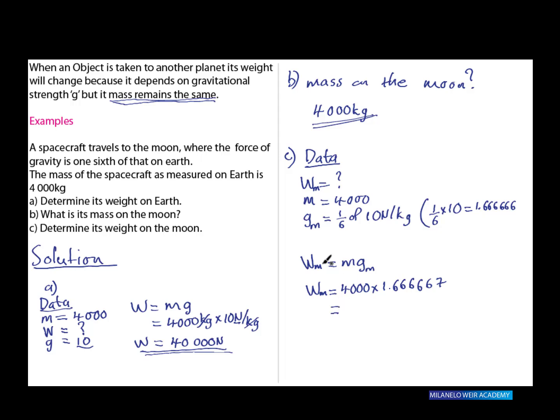Which is equal to, so it is very important to remember that you only round the final answer, right? 6666.6666. So we can then write this to 2 or 3 significant figures.